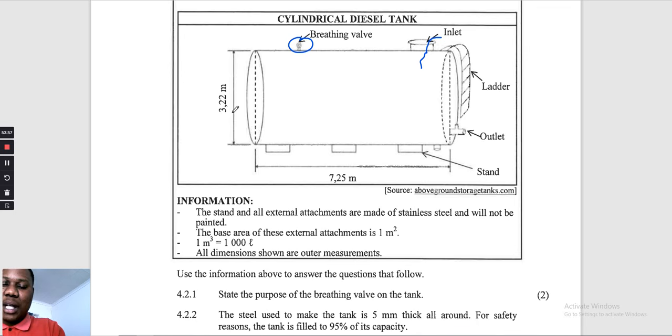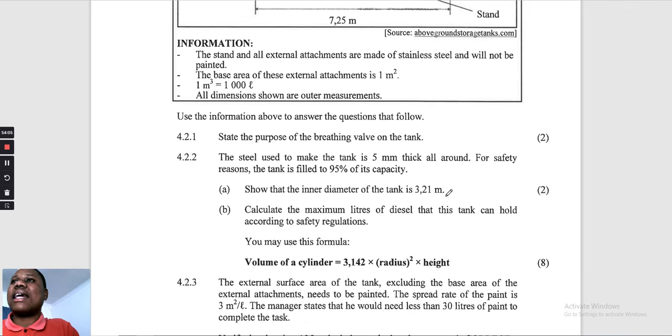Now we have to calculate the inner diameter excluding the thickness, but the thickness here is given in millimeters, so we are going to convert 5 millimeters into meters. So we can say 5 millimeters divided by 1000.